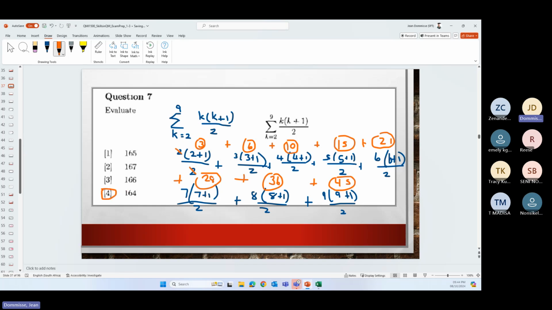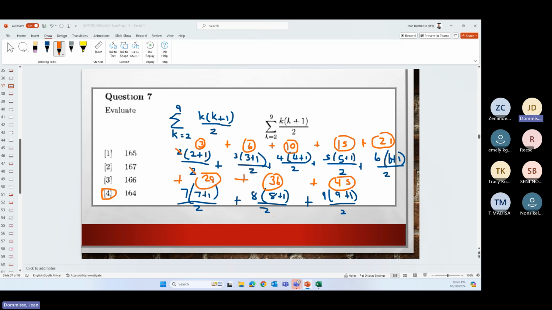So you can also see how close these numbers are. So it's 164, 165, 166, 167. So it's also nearly very difficult to look at it and say which one it's going to be. It's not one that is really big or really small that one can say, no, that's not going to happen. So it's very difficult to eliminate any of these options.